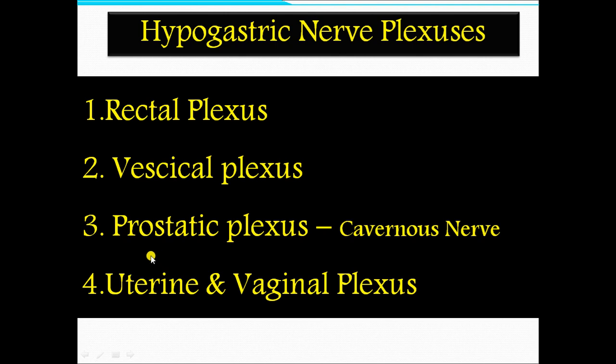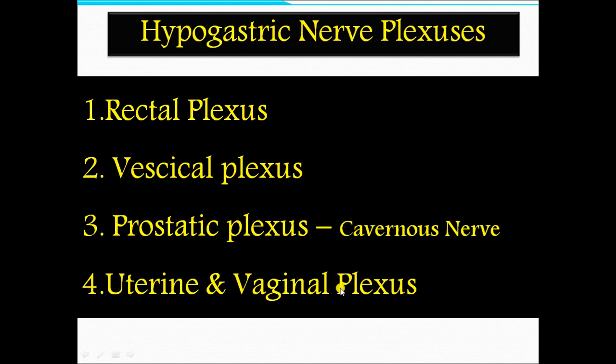The uterine plexus supplies the uterus, fallopian tubes and ovary. The vaginal plexus supplies the vaginal region, and it also gives a cavernous nerve for the erectile tissue in the clitoris and vestibular regions. So this is about the hypogastric plexus.